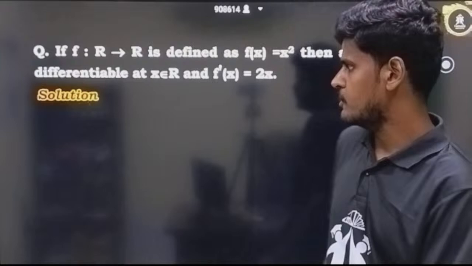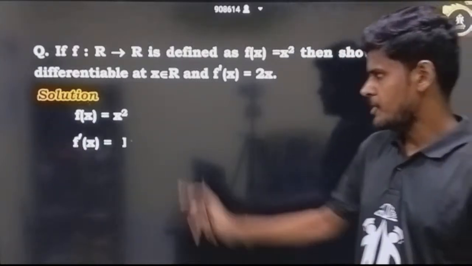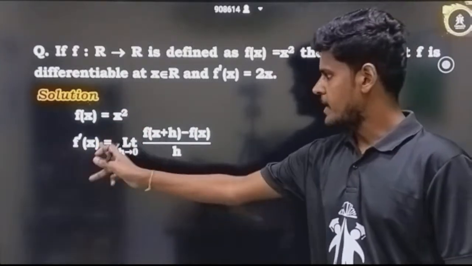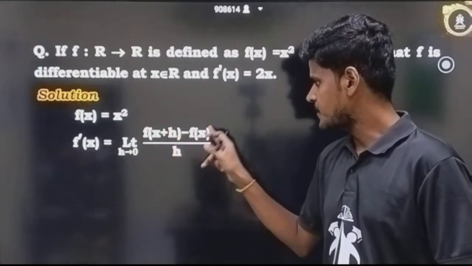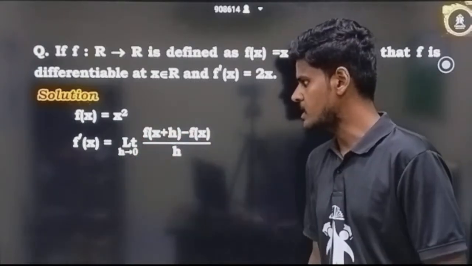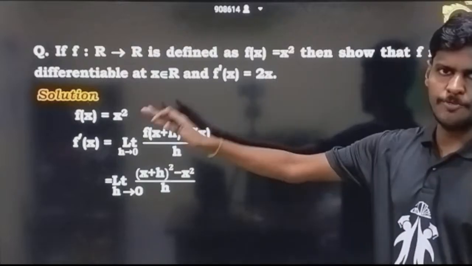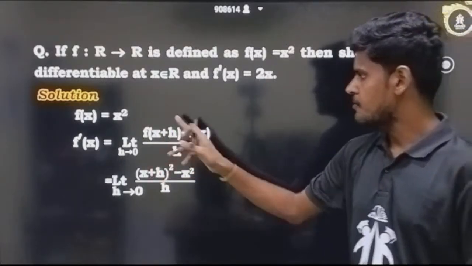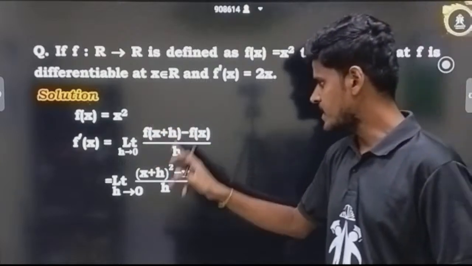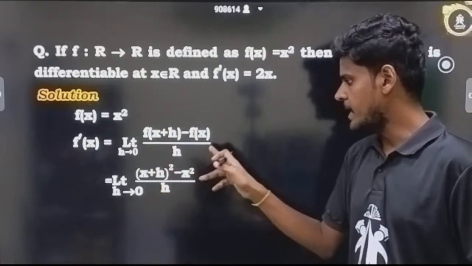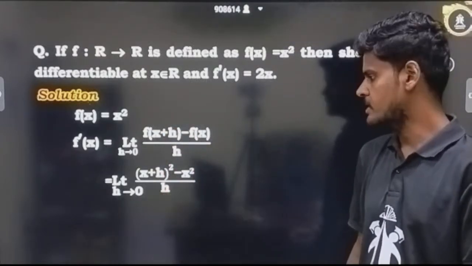Now what is the derivative of the function f of x equal to x square? f dash of x is equal to limit h tends to 0, f of x plus h minus f of x by h. We have already seen the formulas. So what is f of x plus h? f of x is x square, so f of x plus h is x plus h whole square minus x square divided by h.